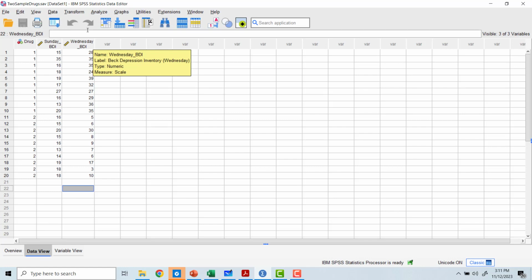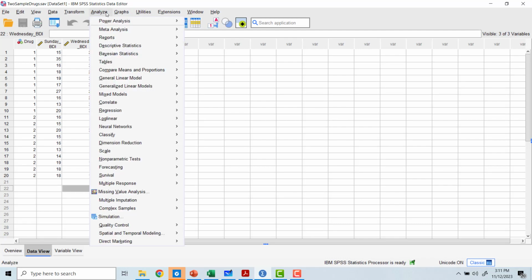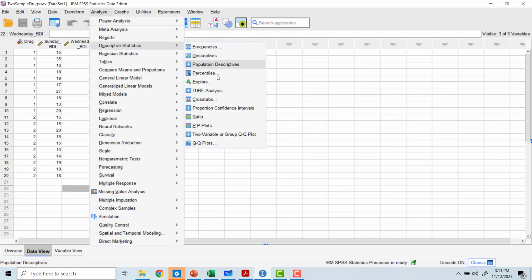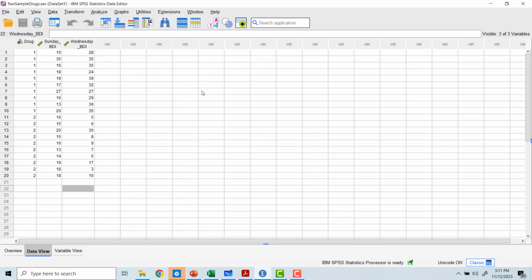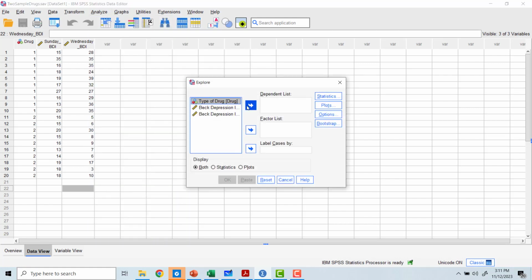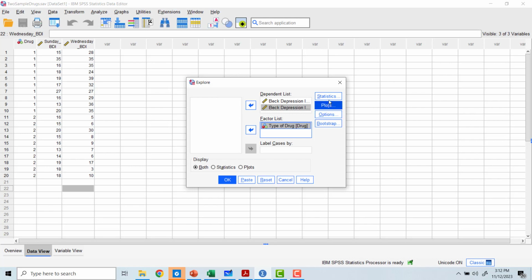So to start off with, we're going to do some exploratory data analysis. We're going to do Analyze, Descriptive Statistics, Explore. Our dependent list is going to be the two Beck depression variables, and we're going to factor, so we're going to separate it out by the type of drug.